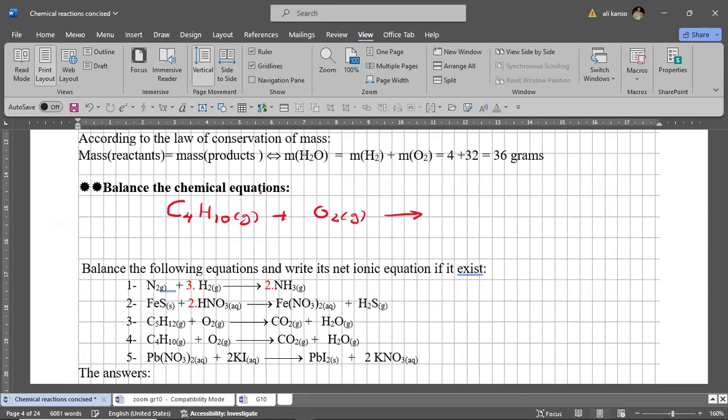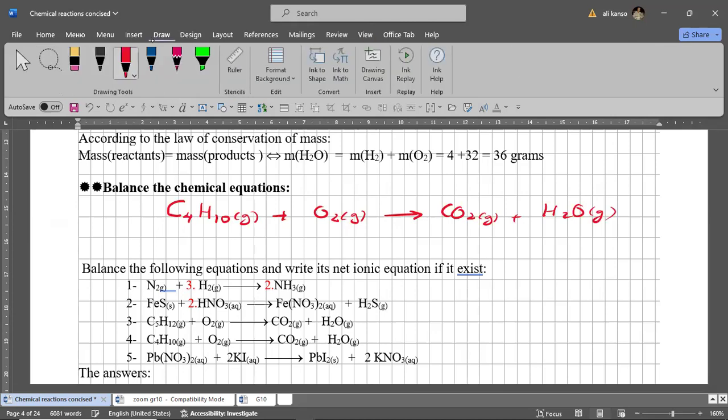Under combustion, it will give carbon dioxide, which is also a gas, plus water vapor, which is also a gas. And we have to balance.